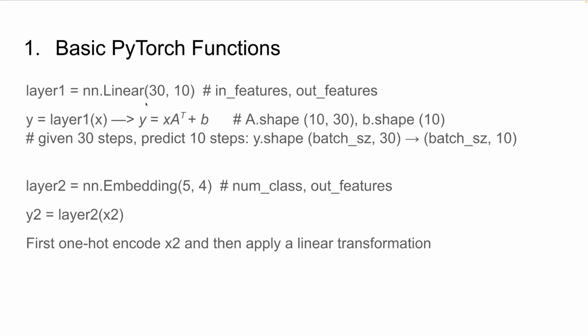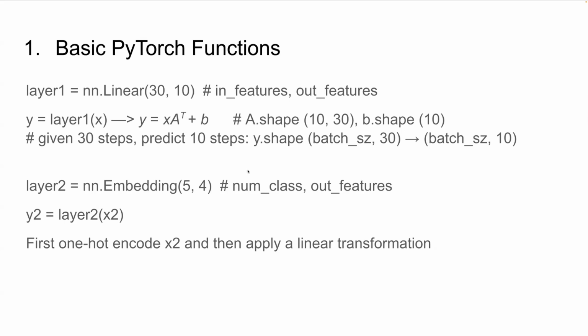In this case, the A here will be our weight matrix, and B will be the bias. The weight matrix is defined given those two parameters that we input here. So in this case, it will be the transpose, which will be 10 by 30, and the bias will have shape 10.